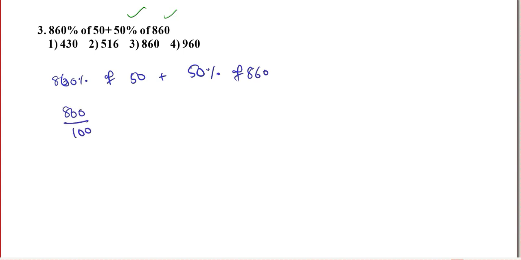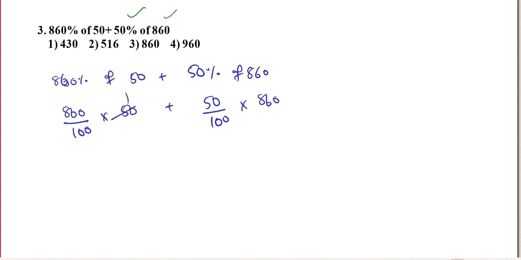Next one, let's see. 860 percentage of 50 plus 50 percentage of 860. So firstly, 860 percentage means what? 860 per 100 into 50, plus 50 percentage means 50 per 100 into 860.